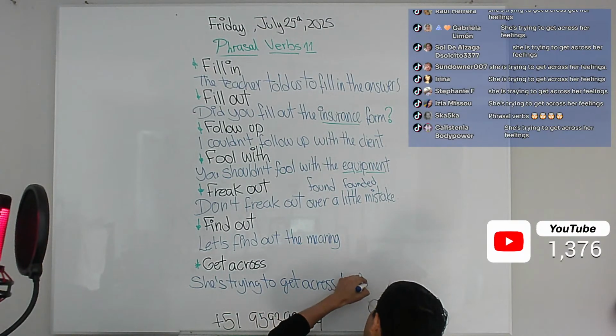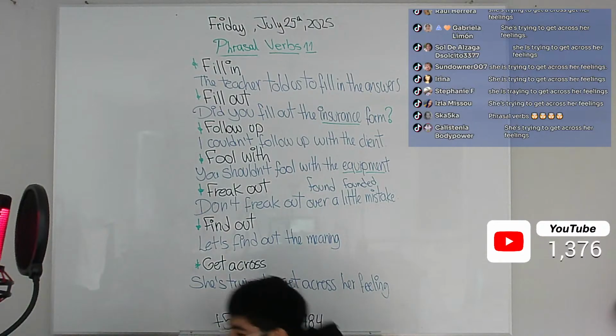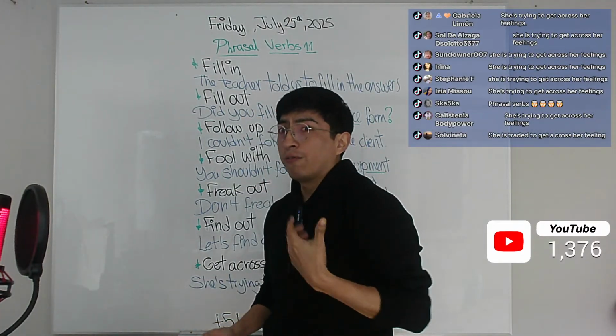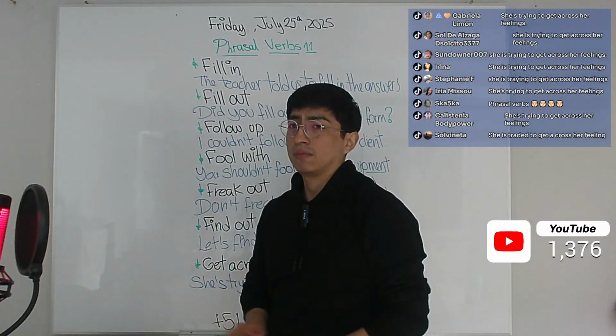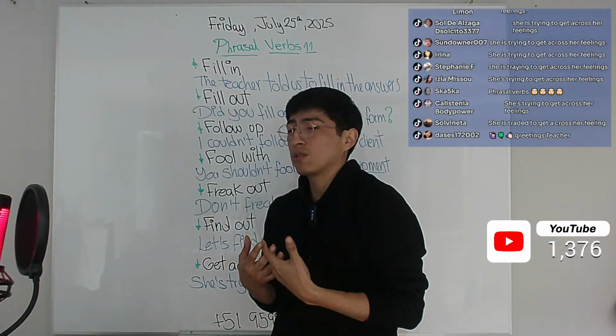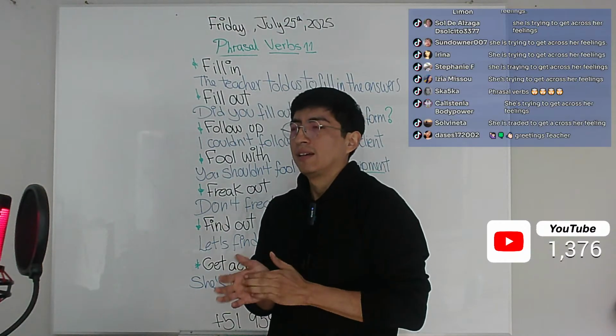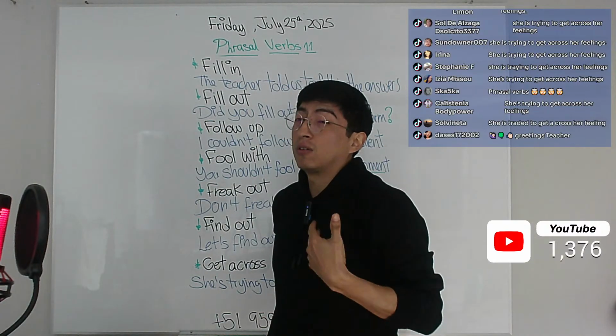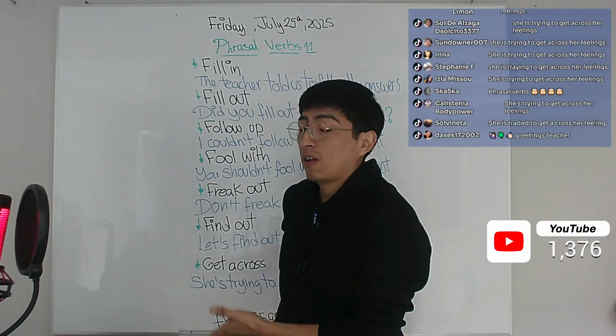Her feelings. Guys, it is very difficult to express your feelings to a different person, especially if you are an introvert or a shy person. It is even more difficult if you're trying to express your romantic feelings to someone.